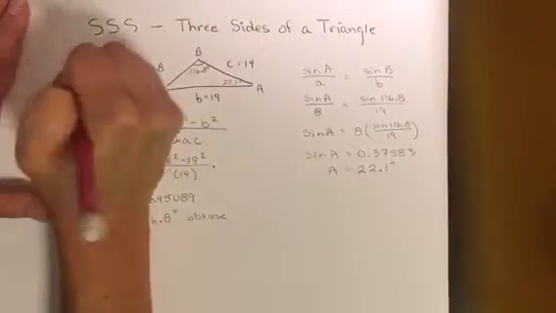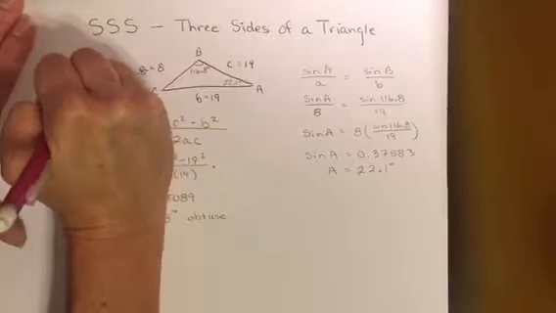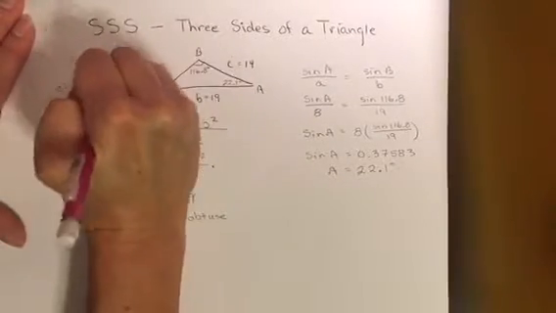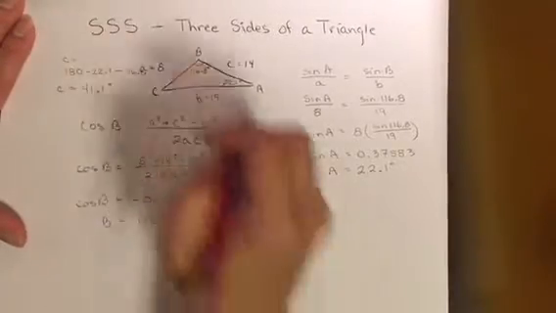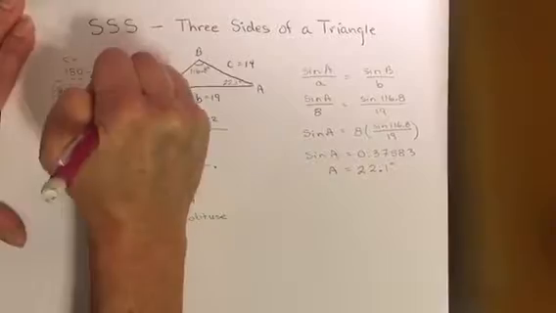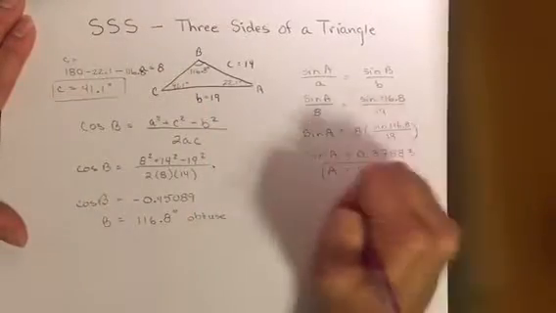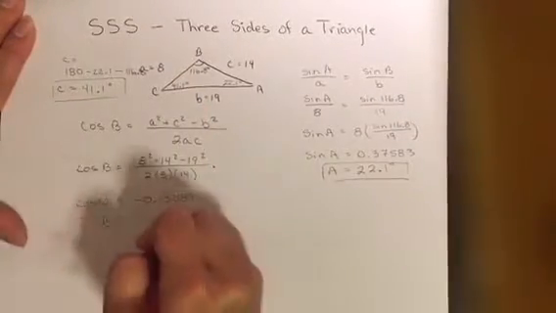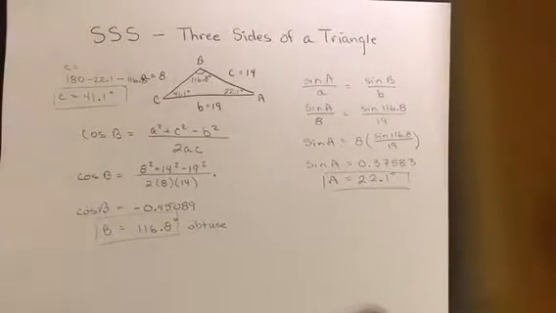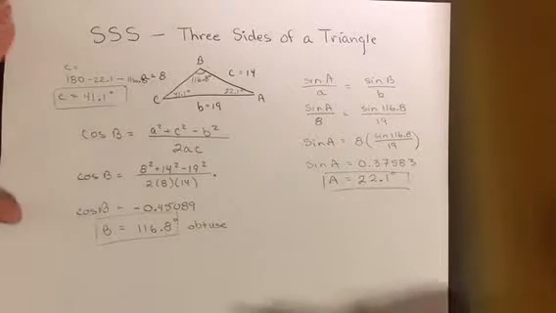And so angle C is going to be 41.1 degrees. Let me go ahead and keep track of my answers here. And there I have all of my angles for the triangle where I started with 3 sides.